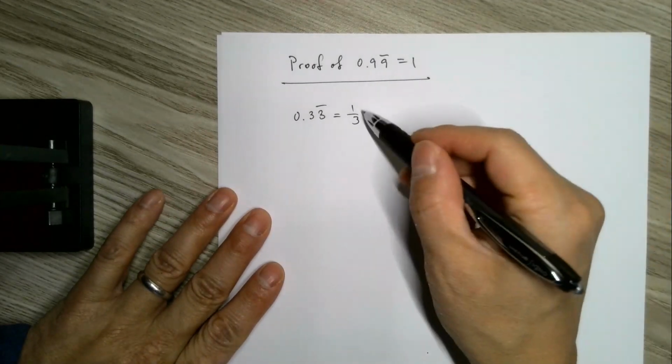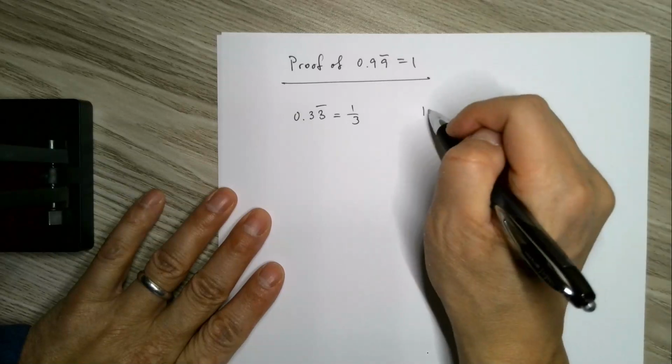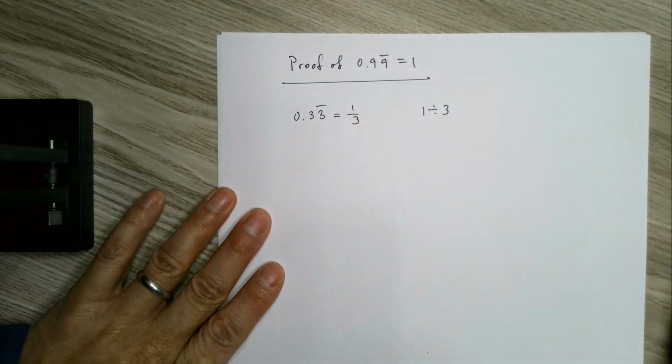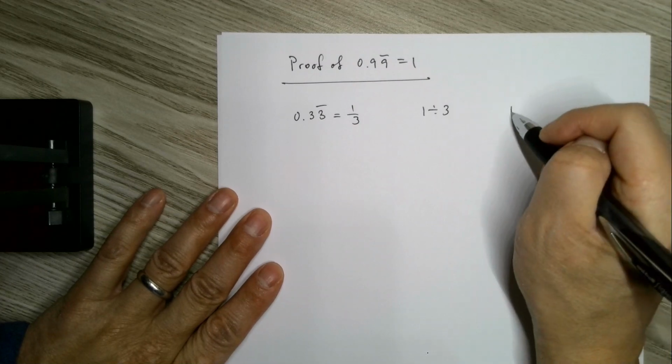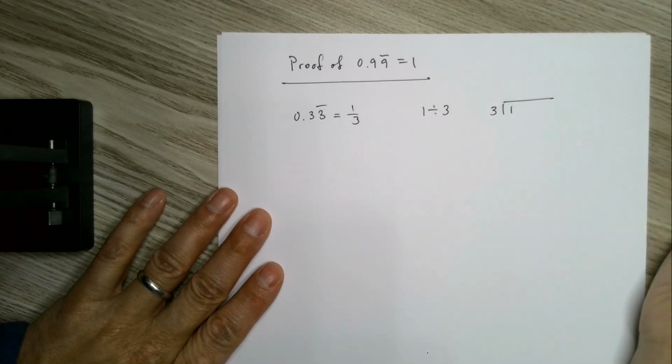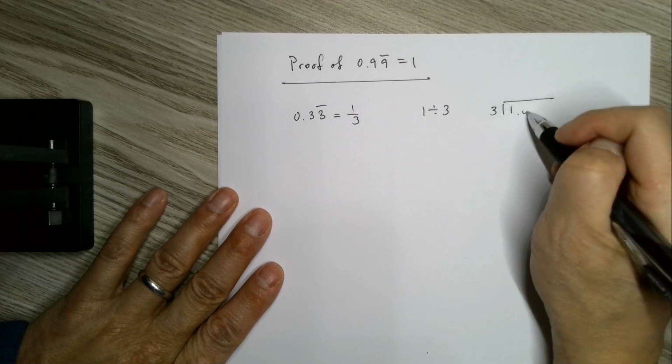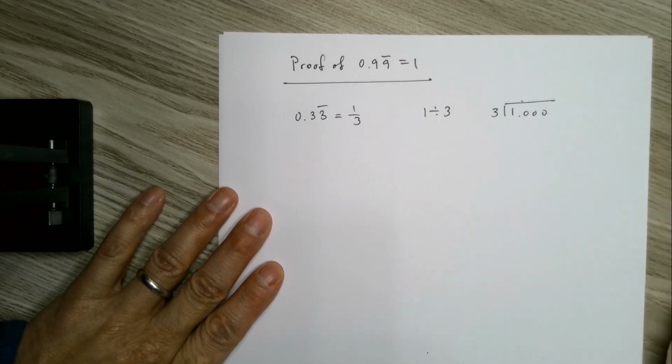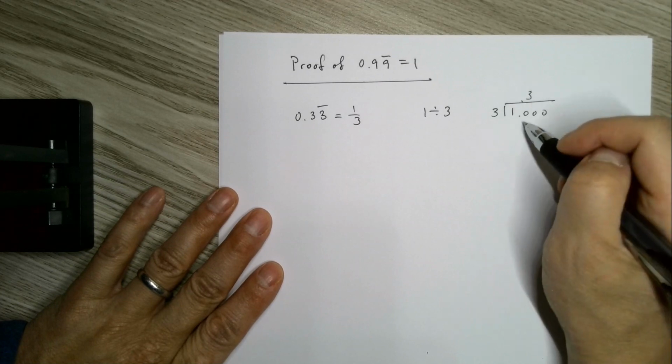So 1/3, that's a division problem, right? That's 1/3, and we can compute that, put it in decimal form by just doing long division, 1 divided by 3, and then start the division.